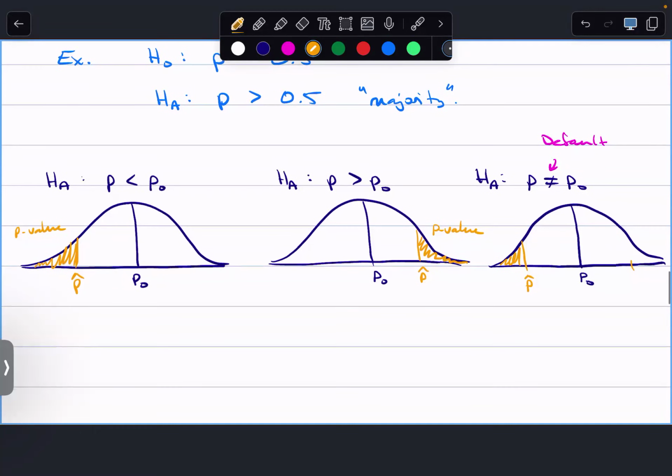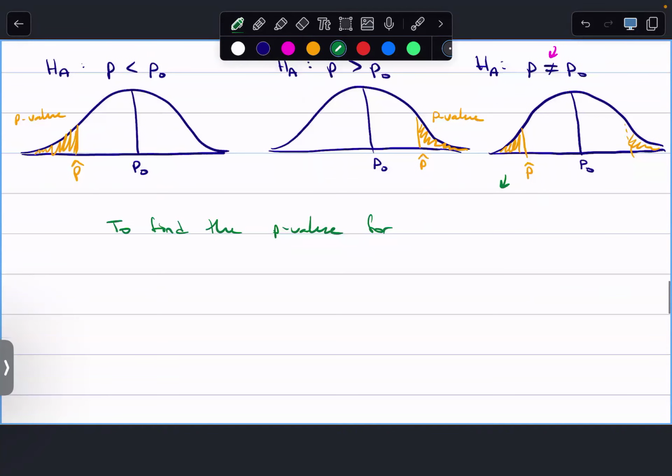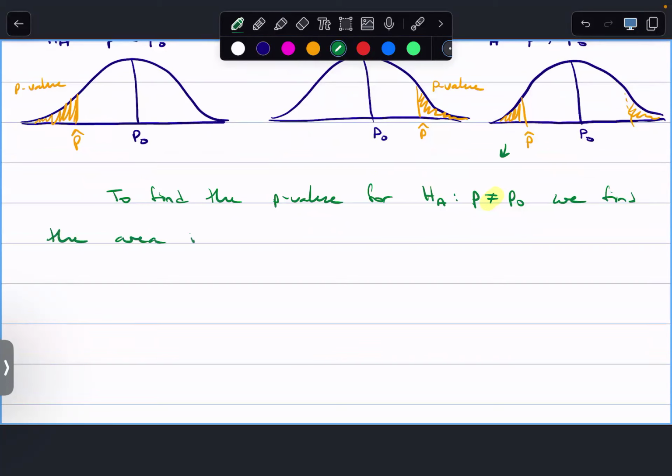So then here, I'll say, to find the P value for Ha, P not equal to P naught, and I'll highlight the thing that I'm talking about, the not equal to, we find the area in one tail and multiply it by 2 to replicate it in the other tail.